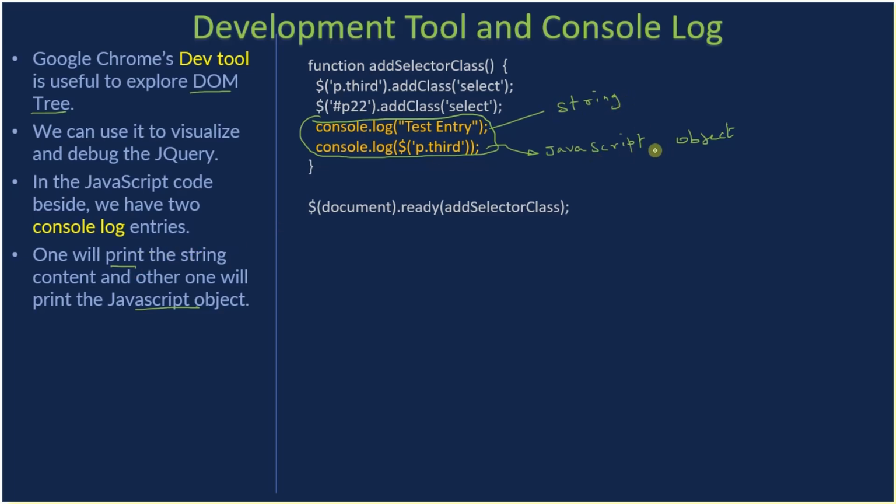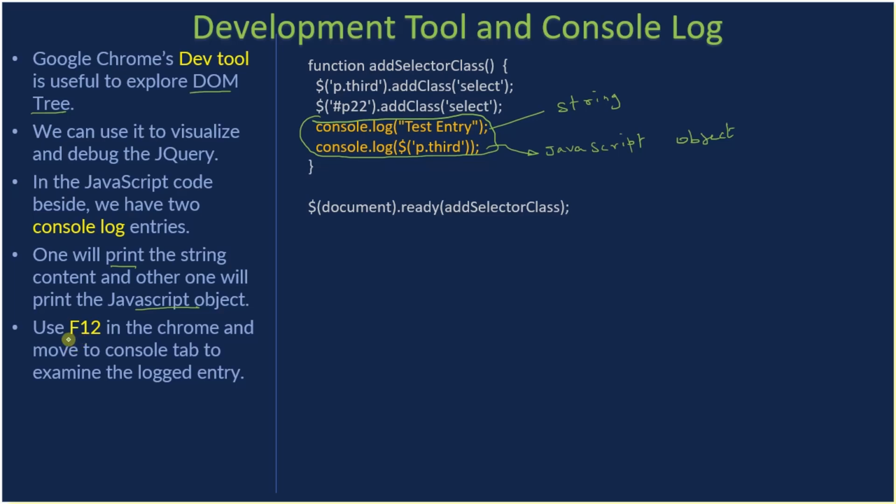One is a string and another one is a JavaScript object. So we can use F12 in Chrome and move to the console tab to examine the logged entries. There is a separate tab called console tab, and in that tab we can see all the logged entries.